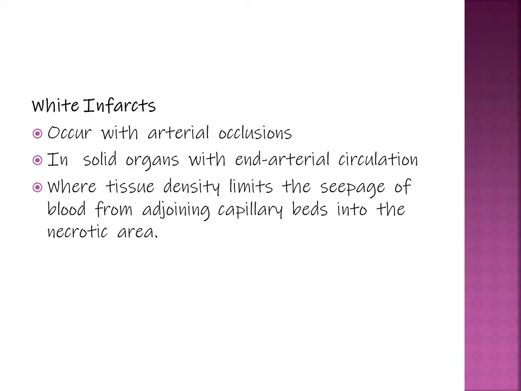They can occur in those organs which have an end arterial circulation, and similarly these anemic or white infarcts can occur in organs or tissues which limit the amount of hemorrhage that can seep into the area of ischemic necrosis from the adjoining capillary beds. So the most important organs which are the main examples of this white infarct include the kidney, spleen, and the heart.